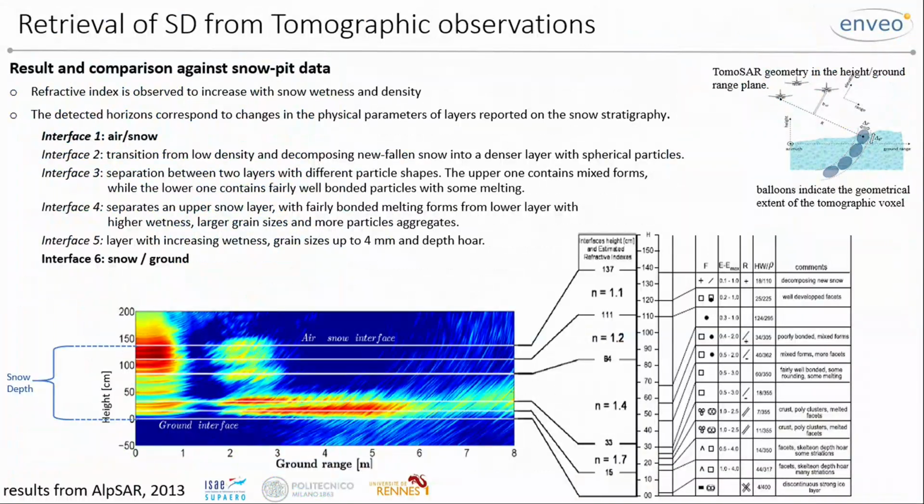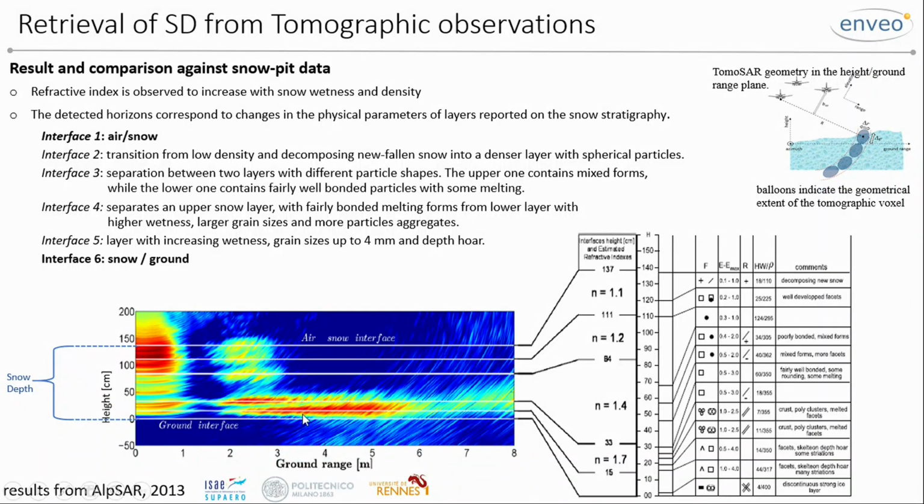And this is the final slide, where we have the outcome of one of these experiments that we did. There are more experiments around. So you see the instrument was up here, and we see here the ground range, so the distance on the ground from the radar. And then you see the different backscatter layers here.